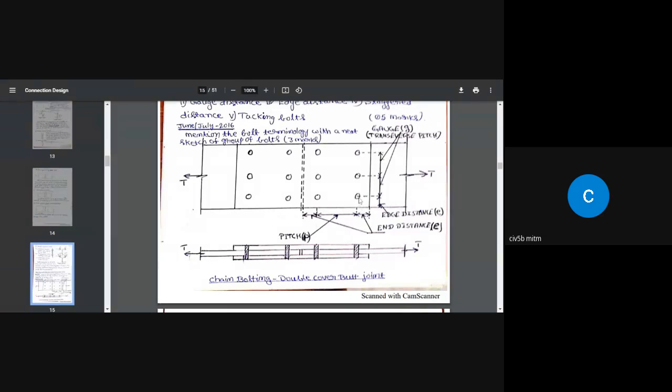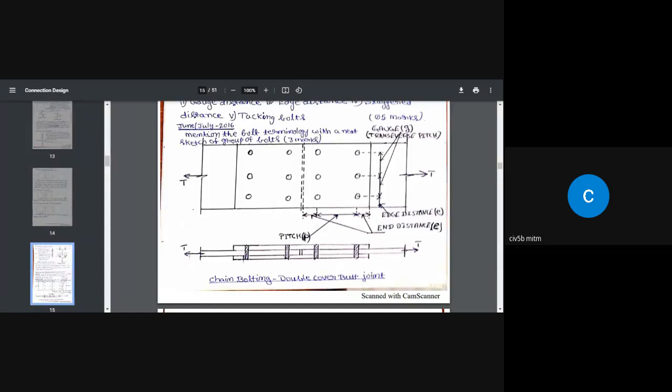Any distance measured in the direction of the force from the extreme line of bolts to the edge is called the end distance. And any distance measured to the edge of the plate from the center of the outside bolt is called the edge distance. Okay, I hope this is clear.